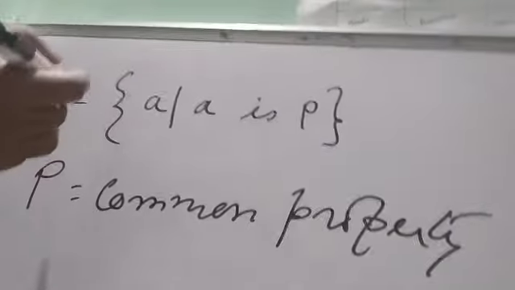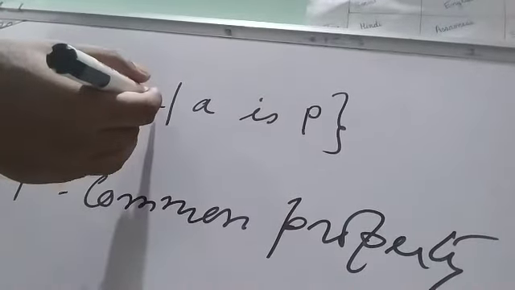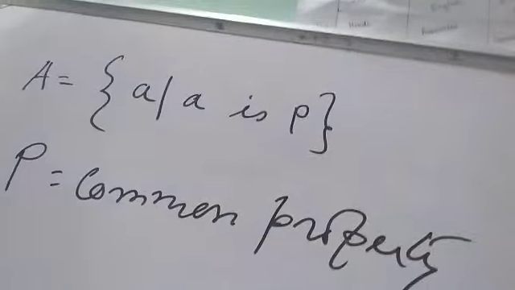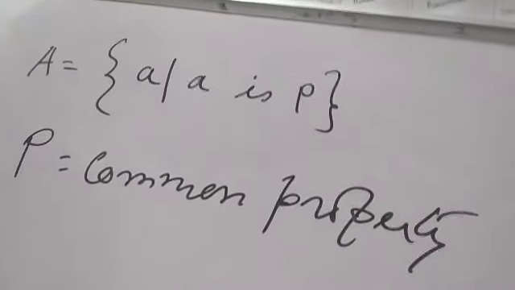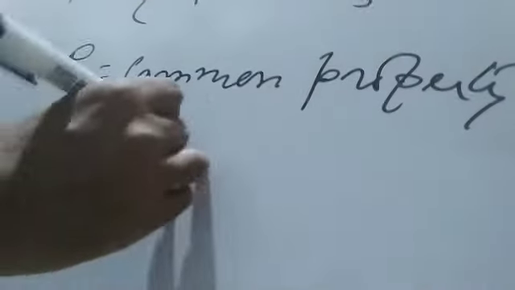So if I say A is a set such that a is an object or an element of type a, such that a has the property of P. Now P, in this case, suppose P is, what is the property? Boy student of Tezpur College.